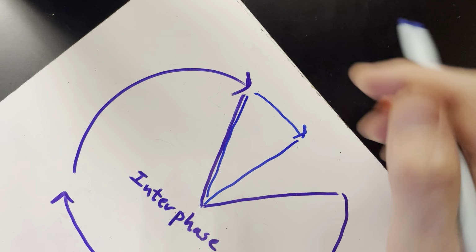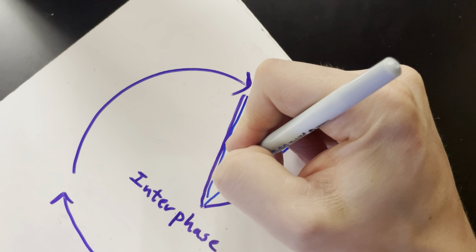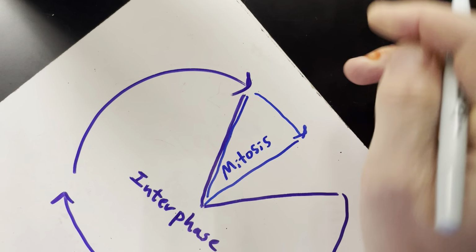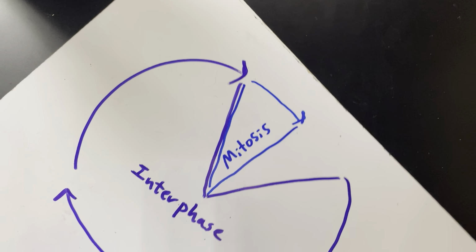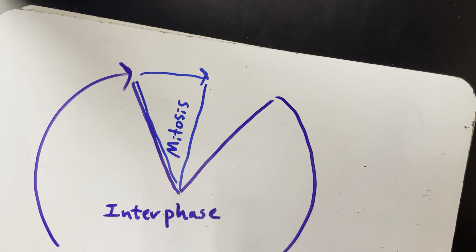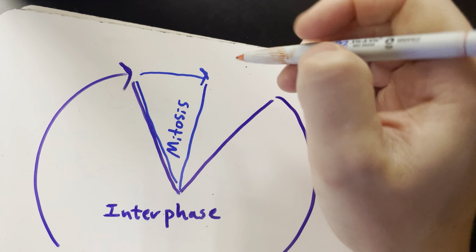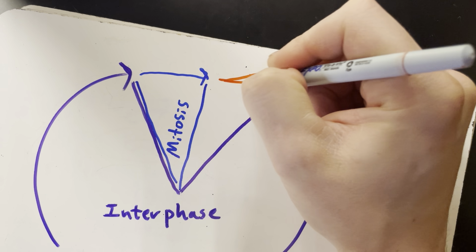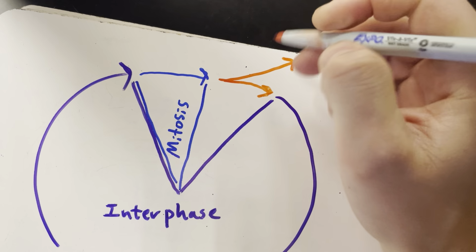This is when a cell begins to divide. It is called mitosis. You may have heard of it before. And then finally, when it does the actual division, in fact, I'm going to draw one arrow going out this way, one arrow going around again.